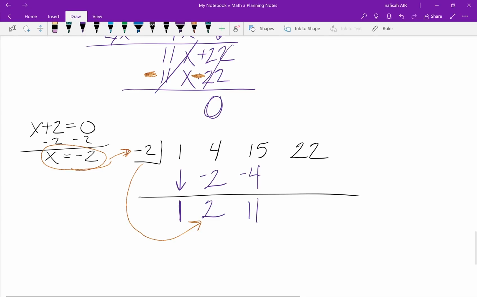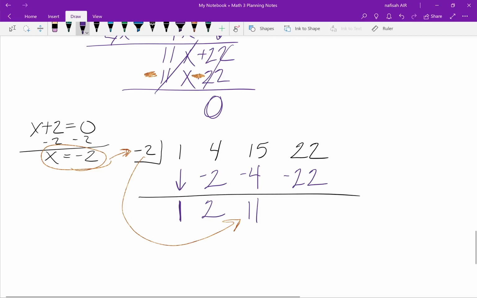All right, I wrote a new number underneath, which means I have to take this -2 and multiply it by that new number underneath. I'm going to write it underneath the very next number. -2 times 11 is -22.